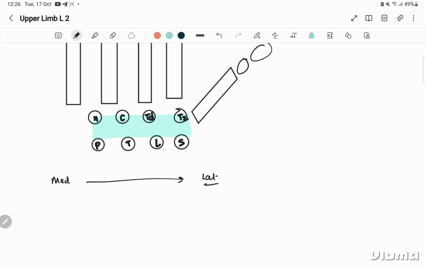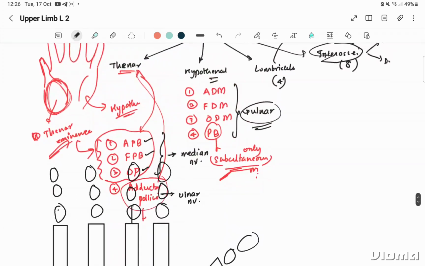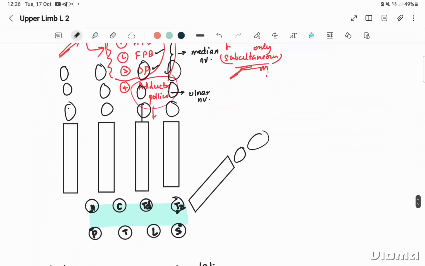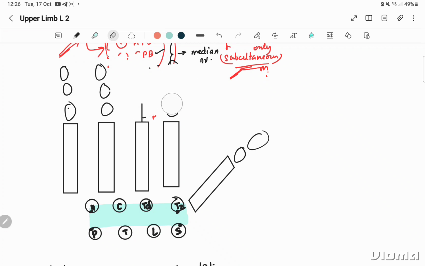We know that the flexor retinaculum attaches to the hook of hamate, the pisiform bone, the crest of trapezium, and the tubercle of scaphoid. This is the flexor retinaculum. So now we will first go about the thenar muscles. So let's mark the thenar muscles. Let me erase all this stuff that is present here, so that you can get a clean image.